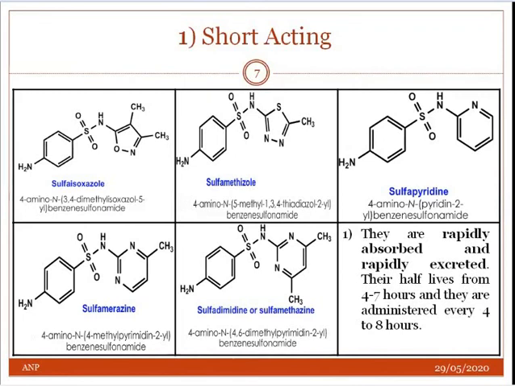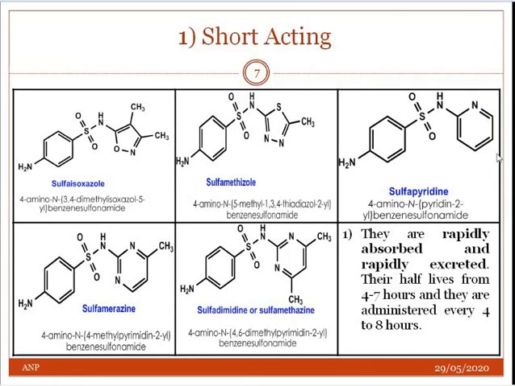These are some examples of short acting sulfonamides. You need to remember at least one structure from this class. Sulfamethizole means the heterocyclic ring is thiadiazole. Then the third compound is sulfapyridine.